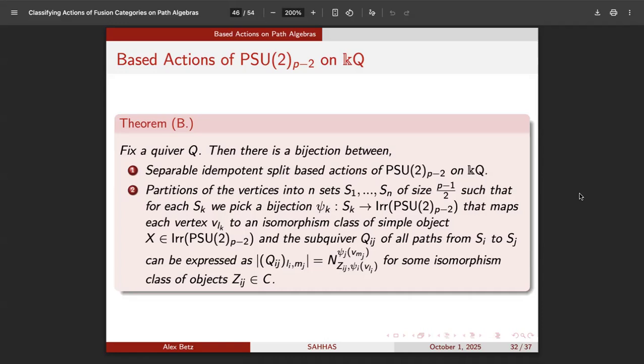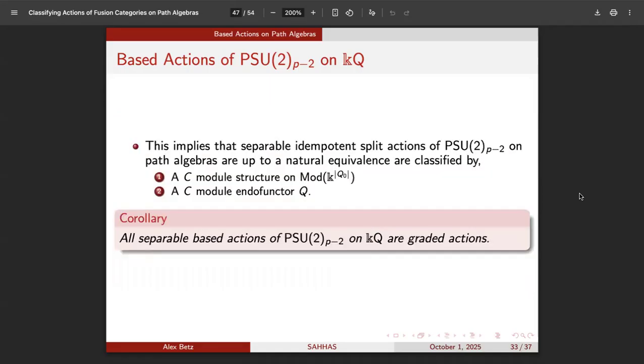So the way you should think about this is that what that statement is saying is that all of my idempotent split actions of PSU2 on the path algebra, idempotent split means exactly what the question was earlier, that my V1 space here is the canonical vertex projections, right?